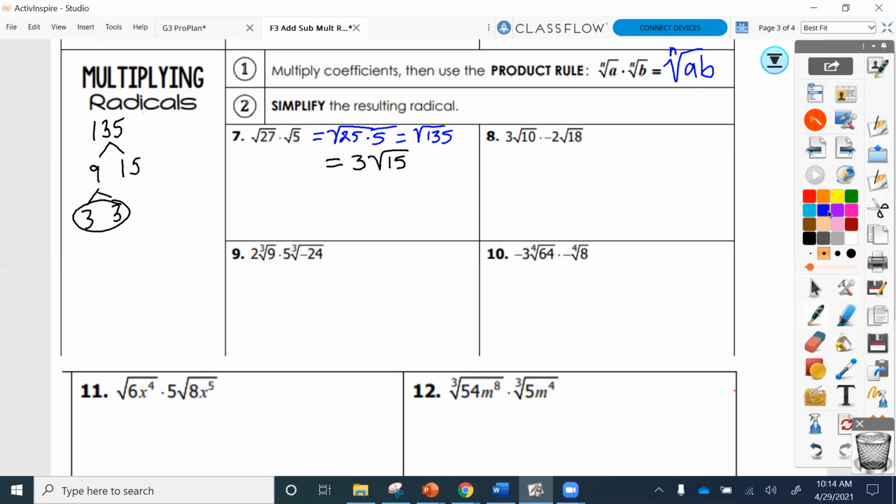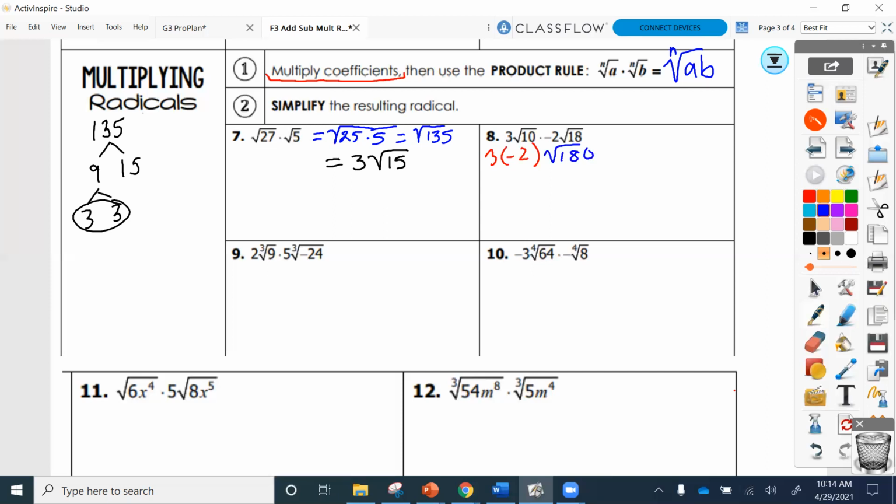All right, so here we're going to multiply the coefficients. So we're going to take 3 times negative 2. And then we're going to use the product rule, which says that root 10 times root 18 is equal to root 180.